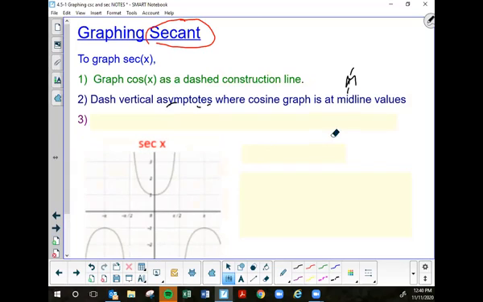Every midline value will turn into an asymptote. So if you're graphing a cosine, which goes high, middle, low, middle, high, you'll literally put asymptotes through the midlines. That will get half a smile, that will get a full frown, that will get half a smile. That's one period of a secant, okay?